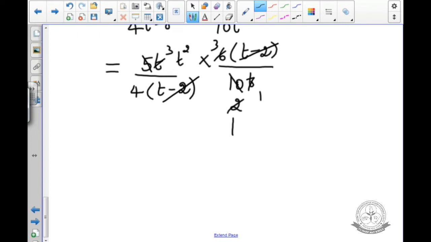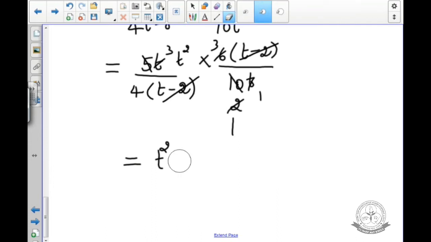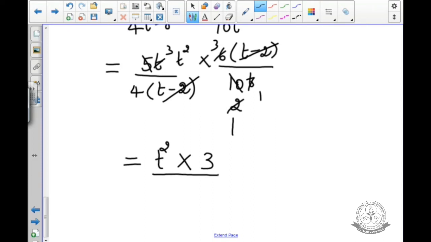So if suppose I do the cancelling, the remaining term is, here I am having t square into, here I am having only 3 divided by, here I am having 4 into, here I am having only 1. So hence my answer is 3t square by 4.